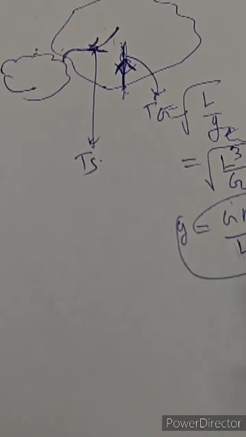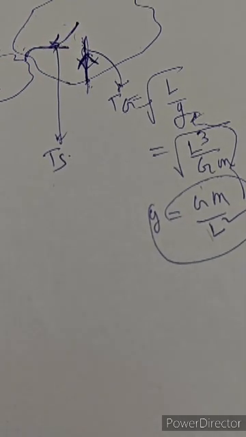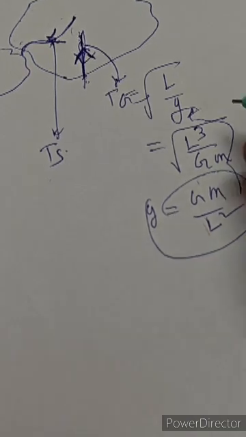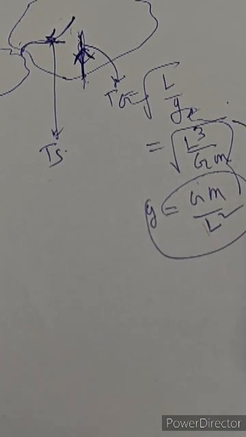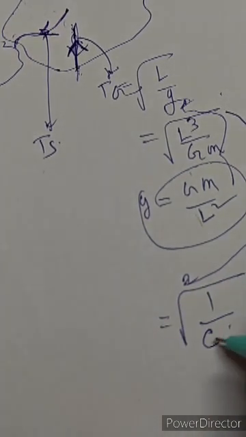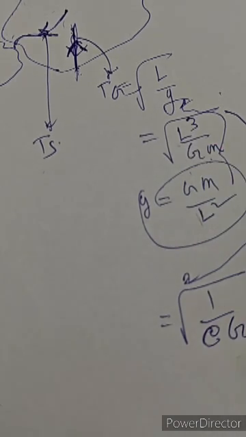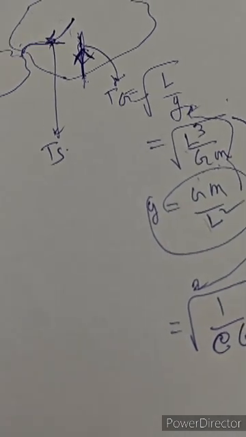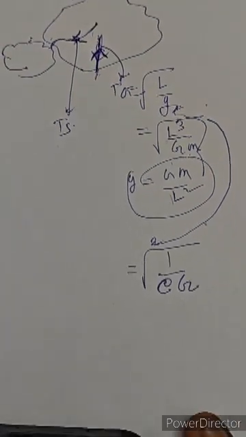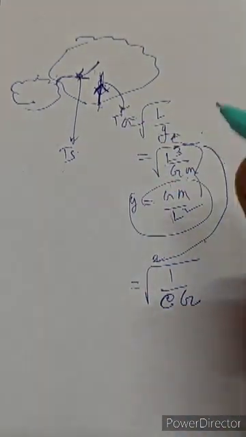And now it is equal to root over 1 by G rho, because m by L cube is equal to rho. Okay, that is clear.